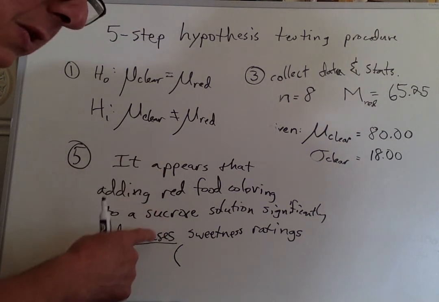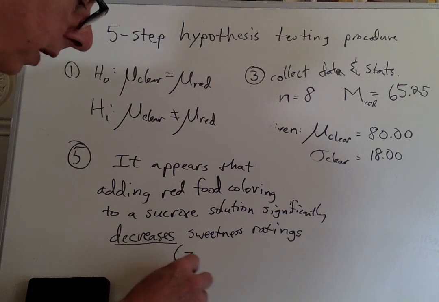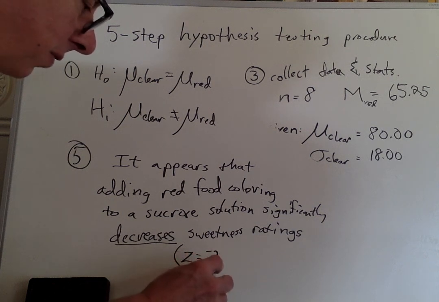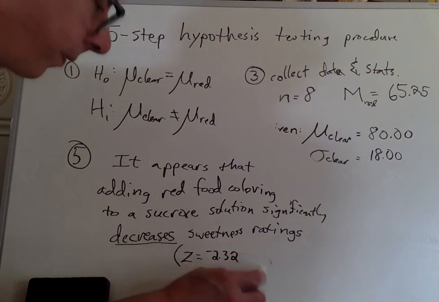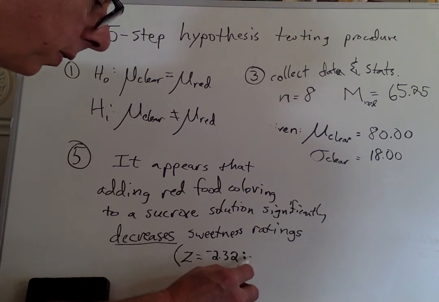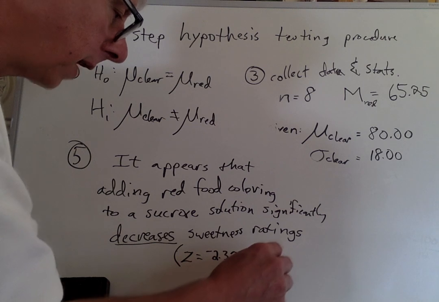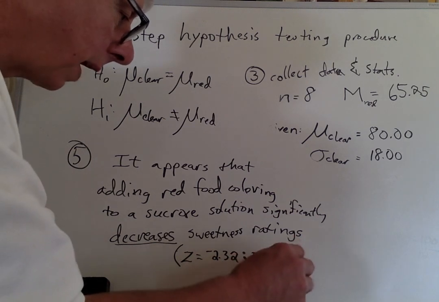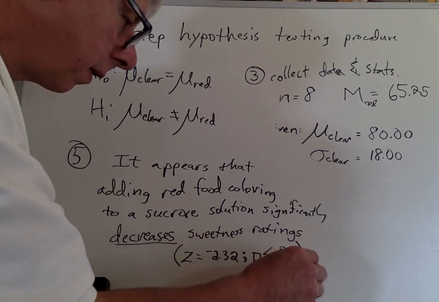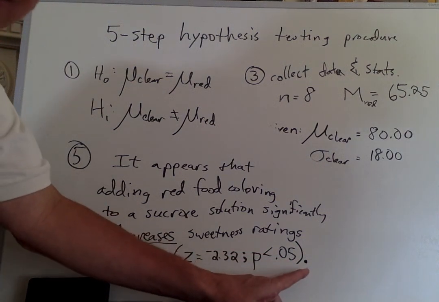Why am I making this conclusion? Well, because we got a z-score of minus 2.32. I'm going to put a semicolon. I'm going to say p less than 0.05. Put the period after the parentheses.